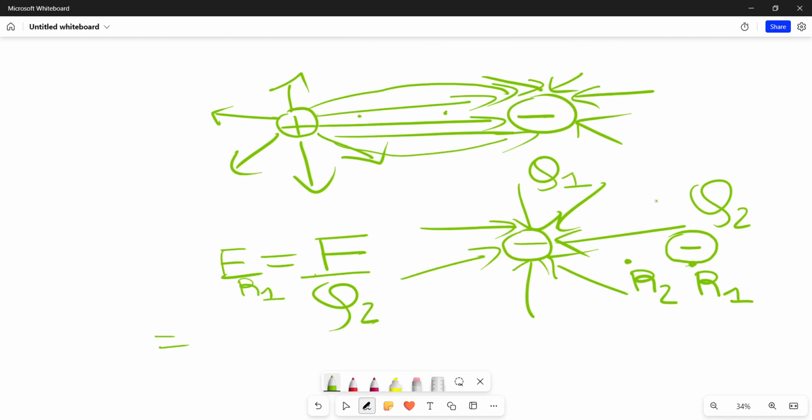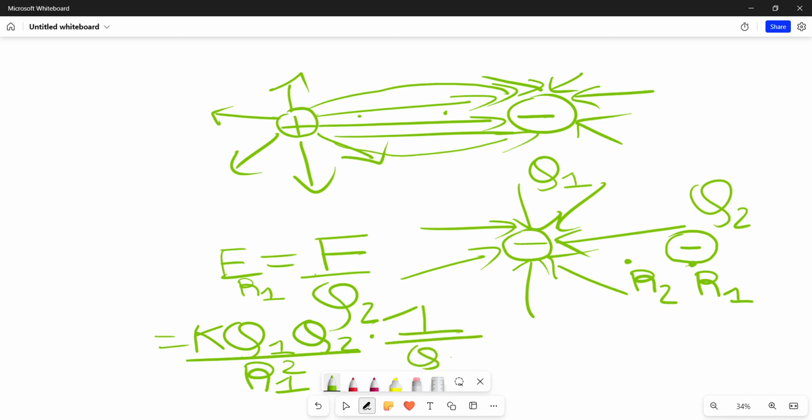Because I have two charged particles, I can just use Coulomb's law: K Q1 Q2 over R1 squared, taking the radial distance to be R1. Then I multiply by the reciprocal of Q2, which is 1 over Q2.